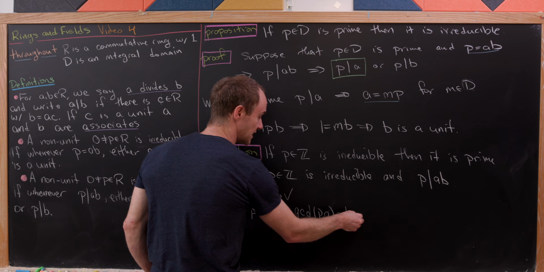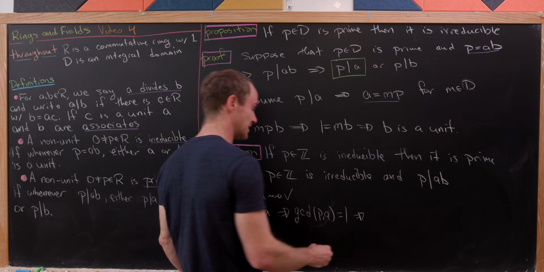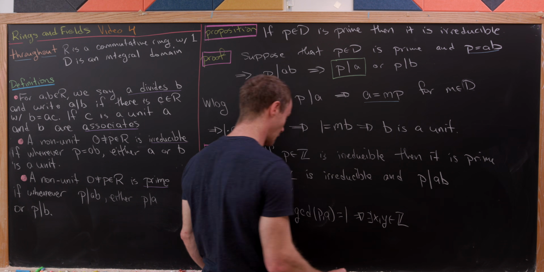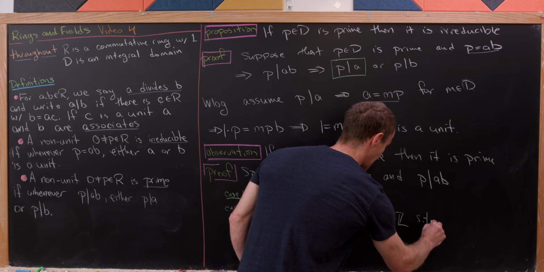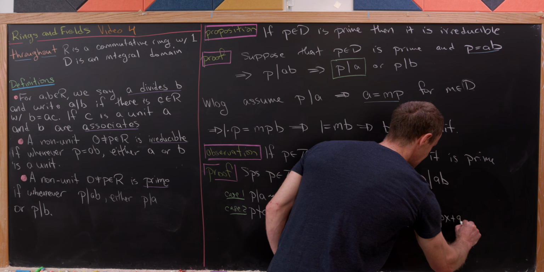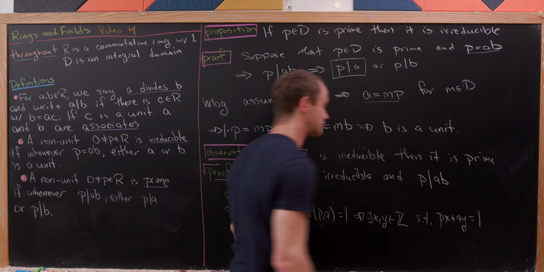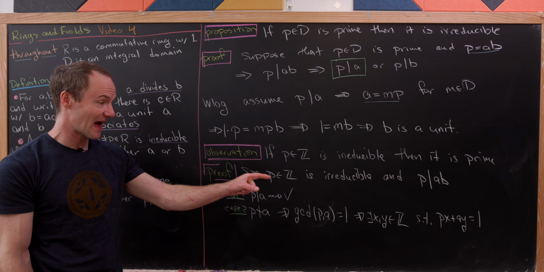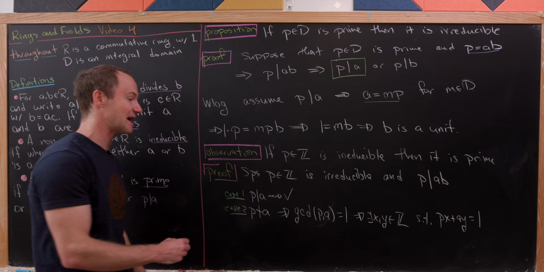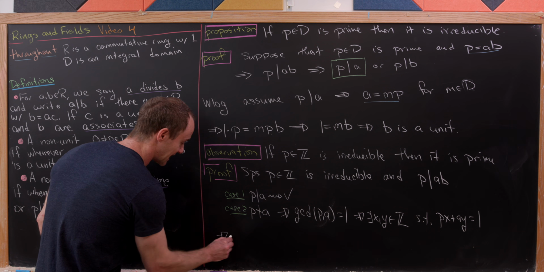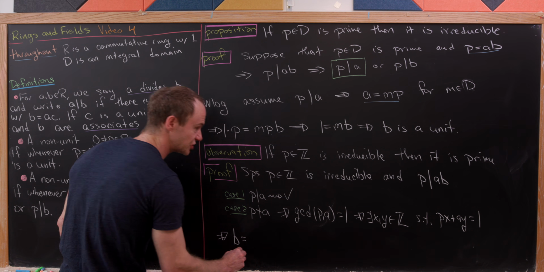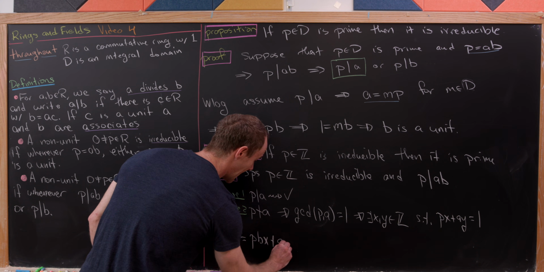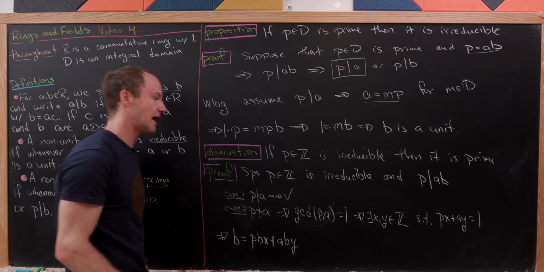But now we can use Bézout's lemma to find integers. So there exist integers x and y such that p times x plus a times y is equal to the number 1. Now what we'll do is take that and multiply it by b. And observe that's going to give us b is equal to p times b times x plus a times b times y.